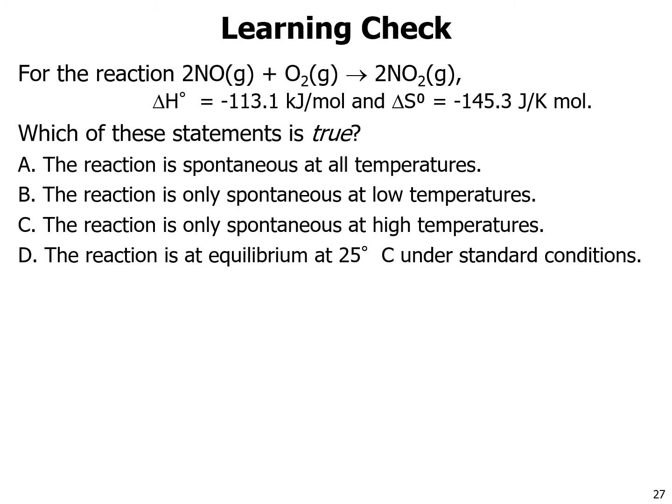Okay, so now we know that delta G is delta H minus T delta S, right? We are going to use this, and what we just saw about different scenarios, to figure out if our reaction is spontaneous or not. For a spontaneous reaction, we want delta G to have a negative value.